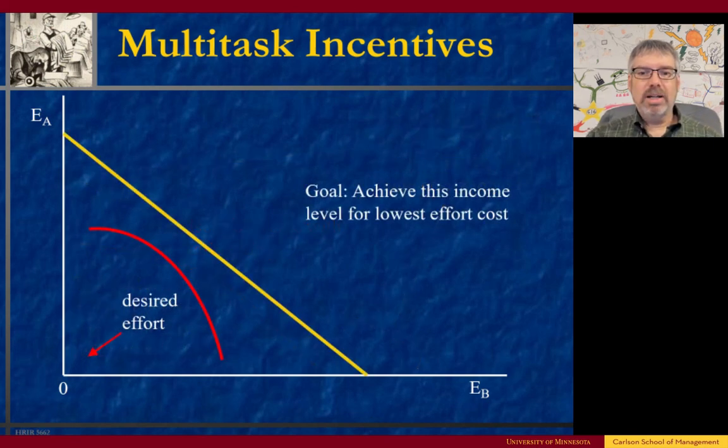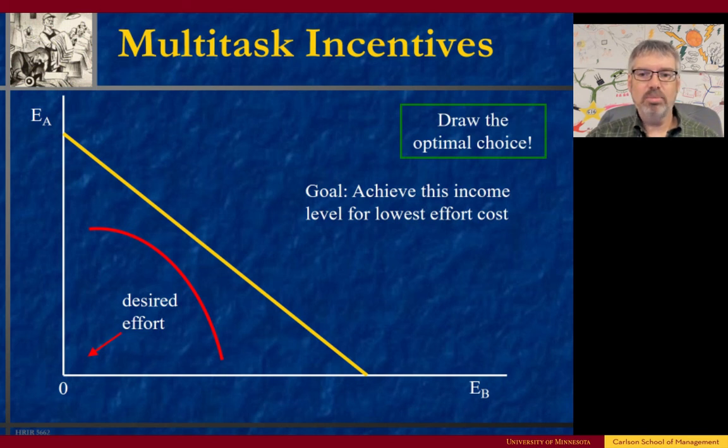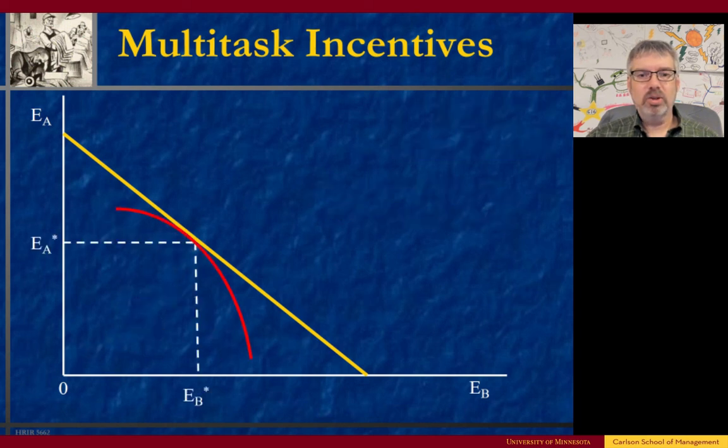And so we're back here to trying to figure out what's the optimal allocation across the two. And you can think about drawing the optimal choice. Pause the video if you need to, and hopefully think about something like this.